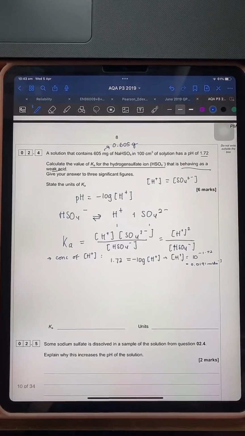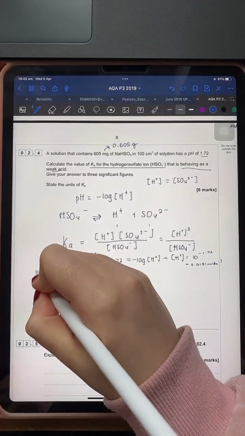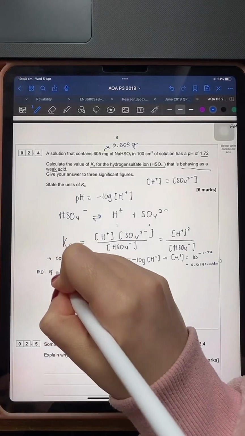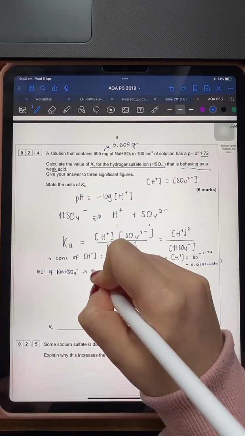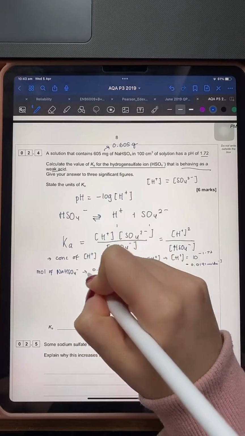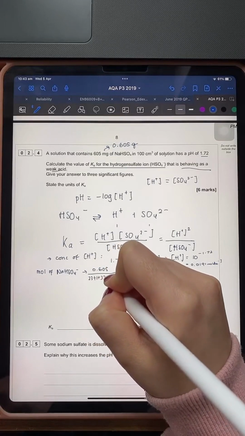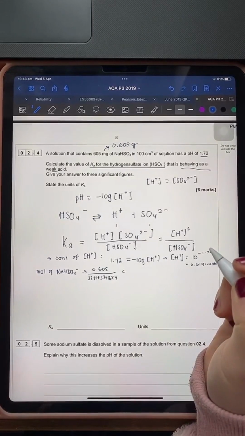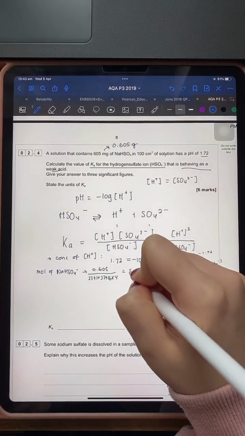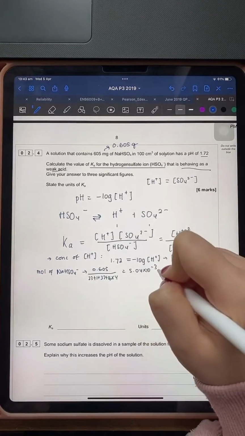And we can get the moles by dividing by Mr. So you have moles of NaHSO4: 0.605 divided by 23 plus 1 plus 32 plus 16 times 4, which is 5.04 times 10 to the minus 3 moles.